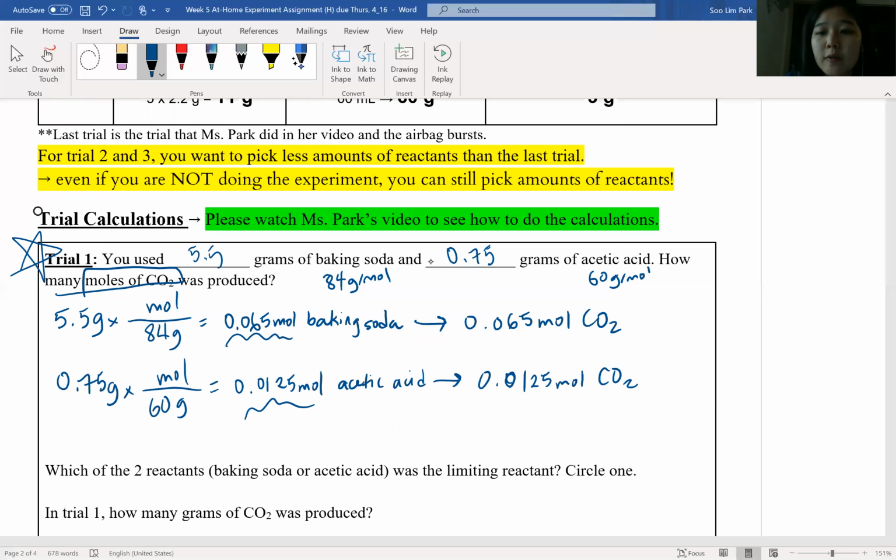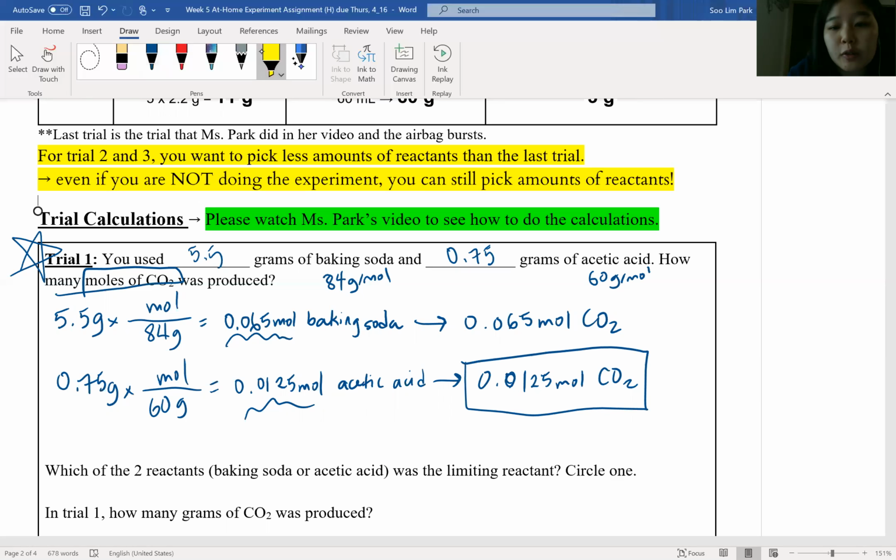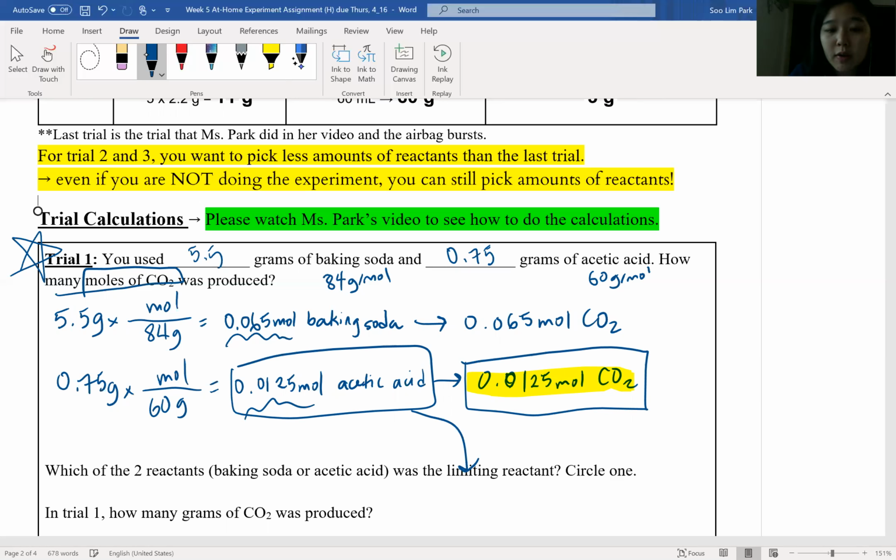Here's the part you have to remember from our limiting reactants notes: we have to choose the lesser amount of product formed, because that's the max amount of product that could be formed because of the limiting reactant. So the actual amount of CO2 produced is 0.0125 moles of carbon dioxide, because that's the lesser amount, meaning that acetic acid was our limiting reactant, right?